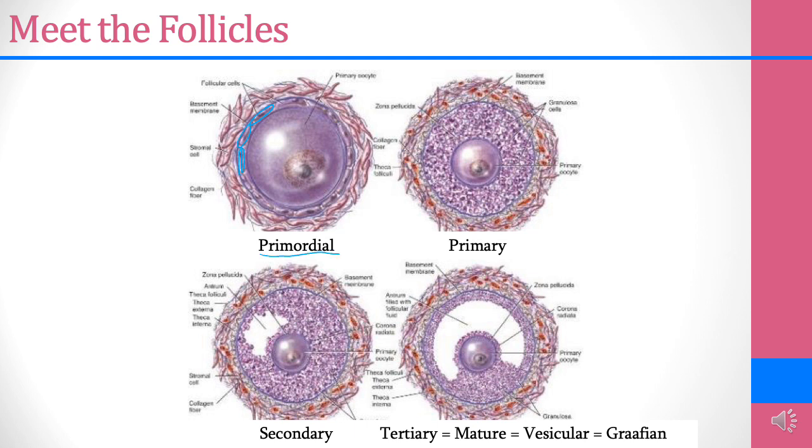And what sets a primordial follicle apart is that the oocyte is surrounded by simple squamous cells known as follicular cells. Okay, and at this point, those cells serve only a protective function. They are not active in an endocrine fashion in any way.